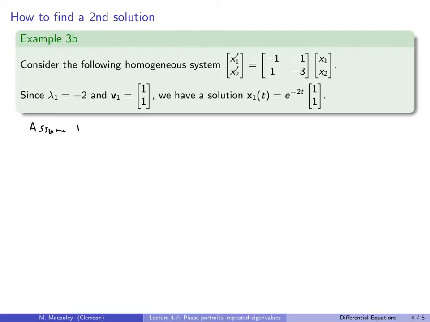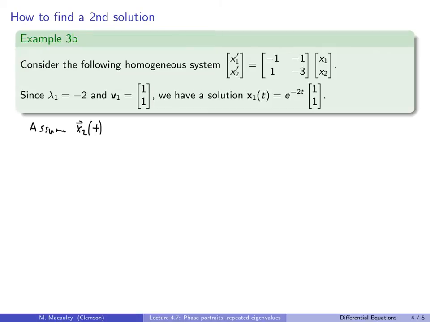So what's tempting to do is to just take your first solution and stick a t in front of it, right? That's what worked for first and second order equations. We did not have systems. Now put a t in front, and that's not going to quite work, but something close to it works.